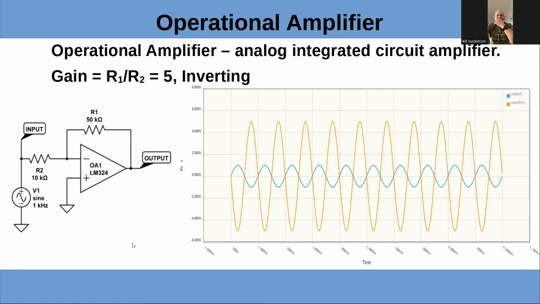And these operate in the audio, very low RF frequency ranges, depending on the op amp. But they're extremely useful devices for things like this and making active filters, which we'll talk about later.